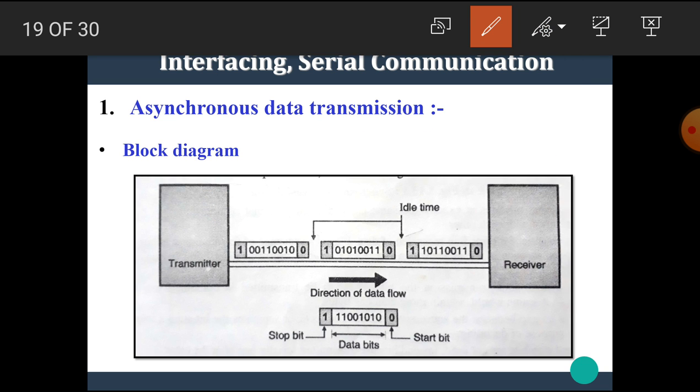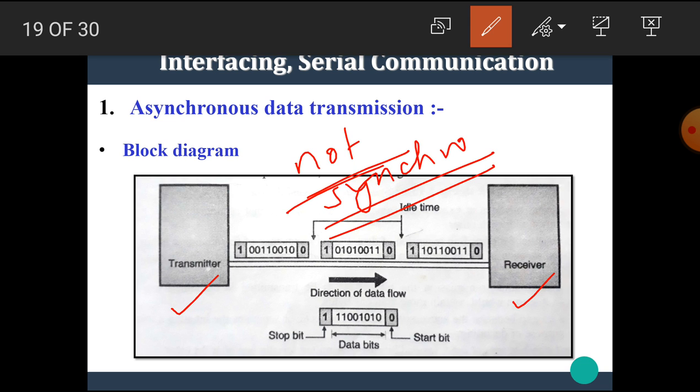There is a specific time delay between two data bytes, and this delay is not constant. One more important point is that the transmitter and the receiver are not synchronized with each other.